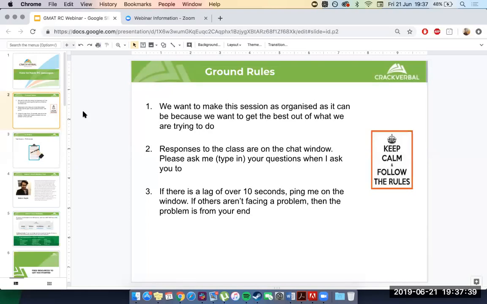You may have noticed that there's a chat window, there is a Q&A window, right? So you can ask your questions, and there is a raise hand function. Firstly, we're not going to be using the raise hand function. It's just based on how we try to conduct things. It doesn't seem to work out very efficiently.